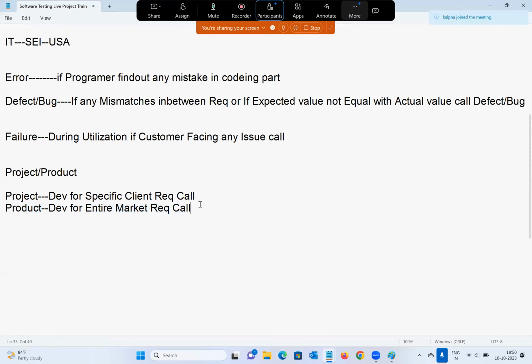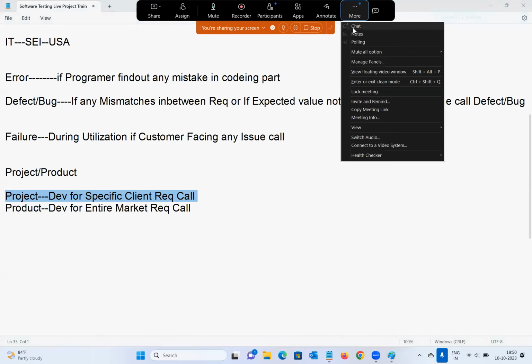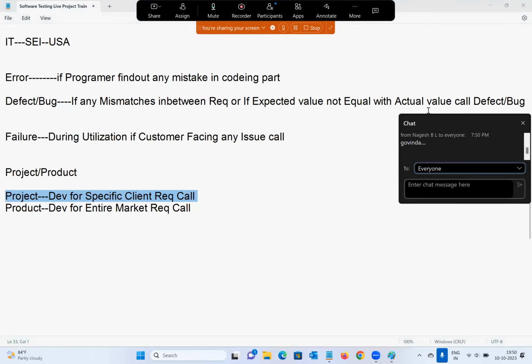Tirupati Laddu is called a product. Just an example, okay? Once again, a project is for a specific client requirement, and a product is for the entire market requirement.